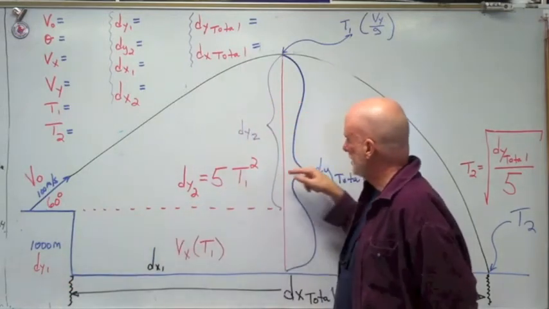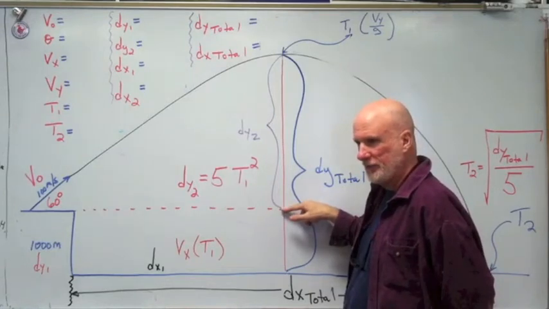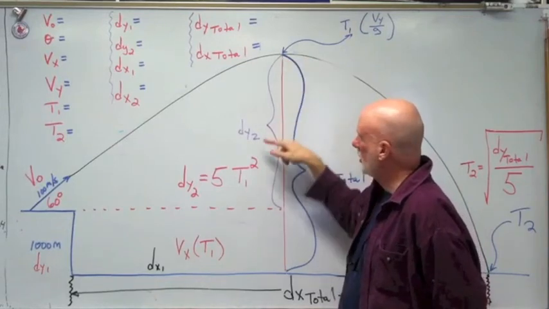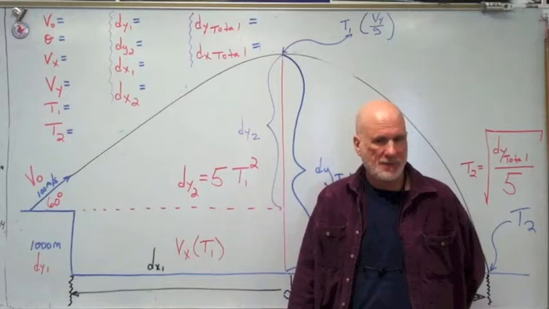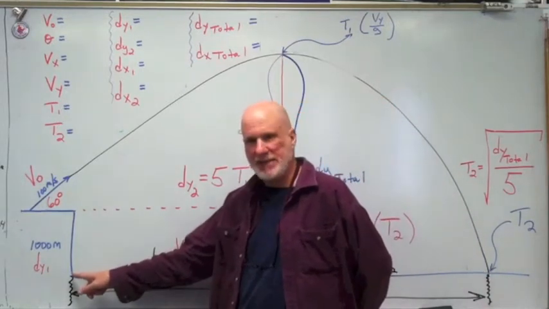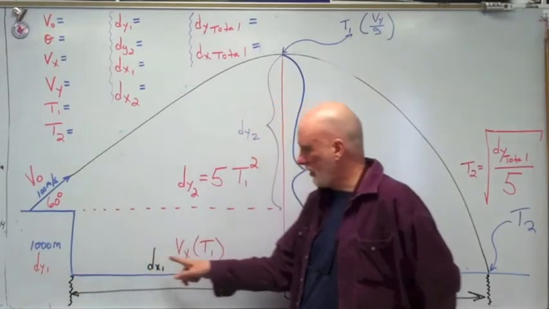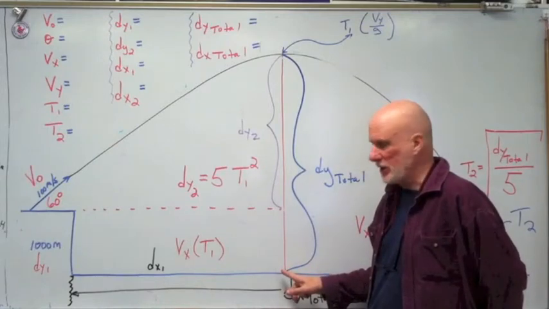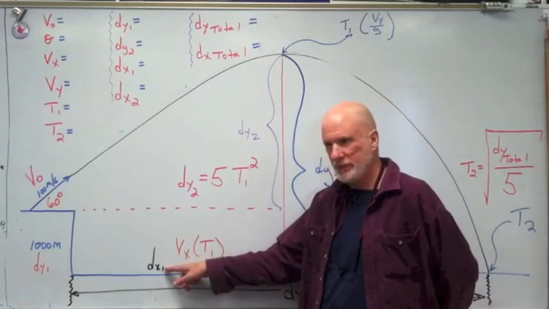The height above the cliff relative to the max height, we're going to call dy2. The distance between the base of the cliff and the vertical line drawn to the max height, we're going to call dx1.